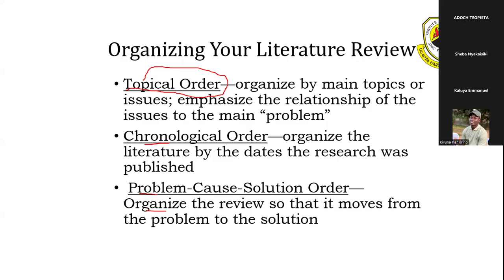There are things yet unknown about AI. Those publications are the best to reference, because they tell you this is not known yet, and therefore your research is going to focus on this. We are going to try and close this gap. Have I answered your question? Yes, Doctor. Thank you very much.